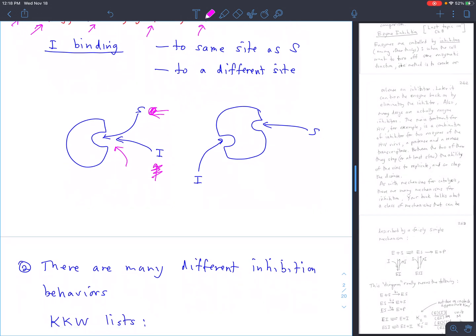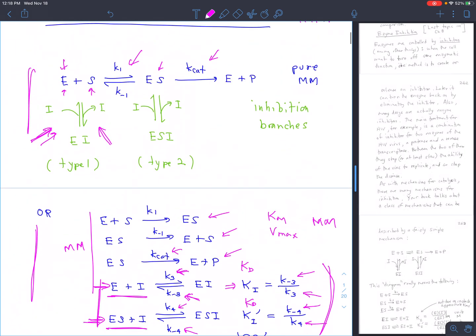But there can also be 2 different binding sites on the enzyme, one for substrate, one for inhibitor, and it can be that once the inhibitor binds, somehow there's a conformational change or something and it stops the substrate from binding. So you can get something like this. The other substrate binding site is now closed. And that also would be type 1.